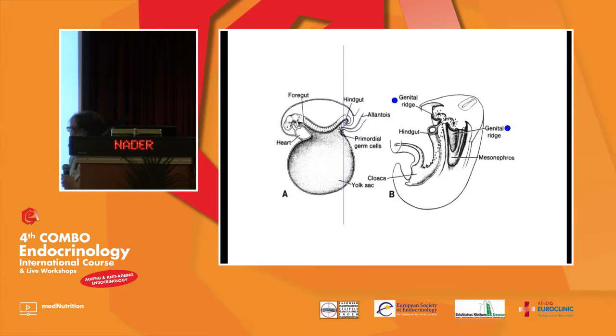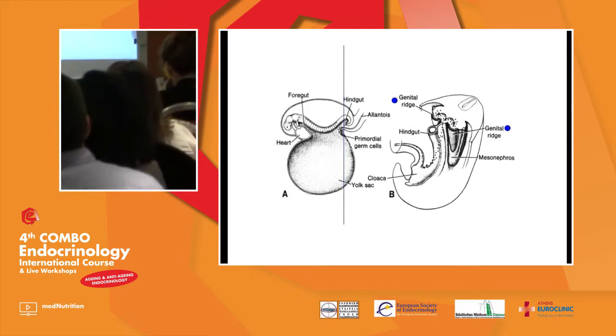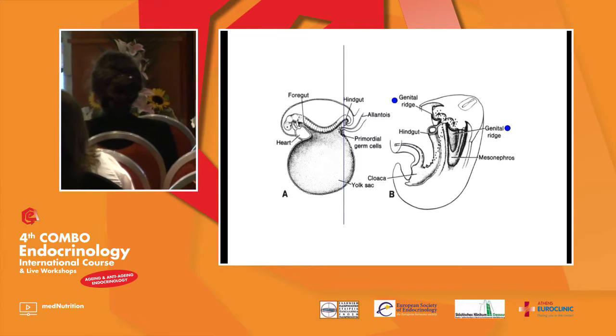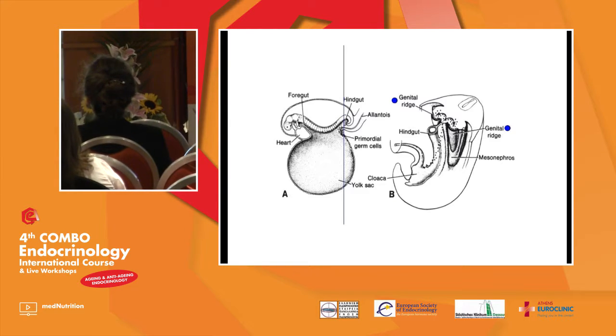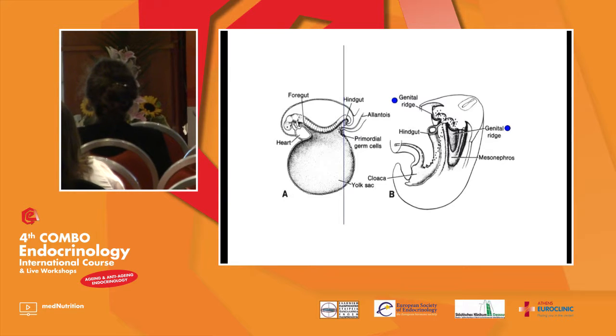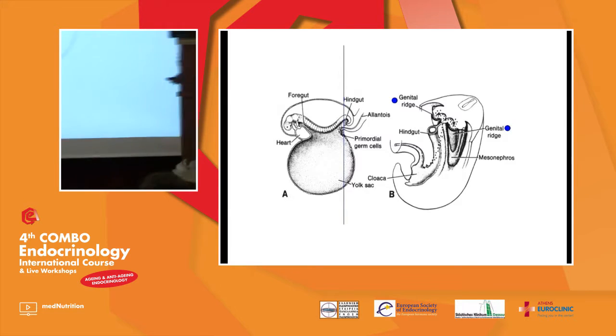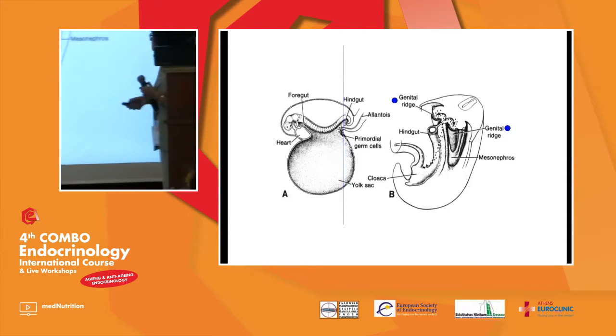Around the 6th to 7th week of intrauterine life or gestational age, primordial germ cells in the wall of the yolk sac migrate towards the genital ridge, and that is where the primitive gonad will reside.